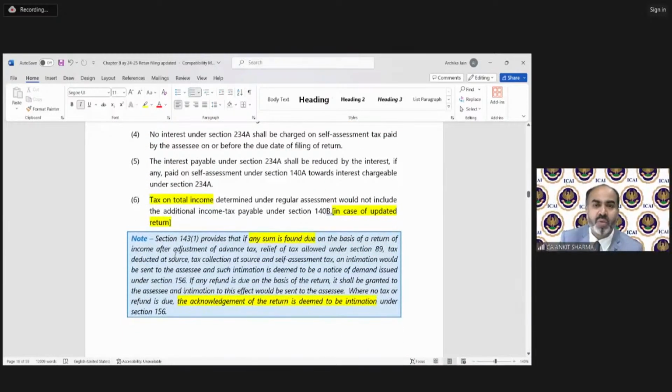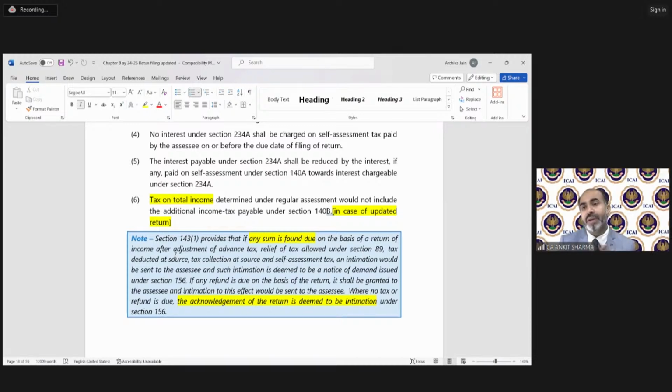Section 143(1) provides that if any sum is found due on the basis of a return of income after adjustment of tax. So if you filed your return of income, suppose your tax is 10,000 rupees and you have paid 8,000. Then for 2,000, department will issue an intimation and they will demand the tax. Clear?